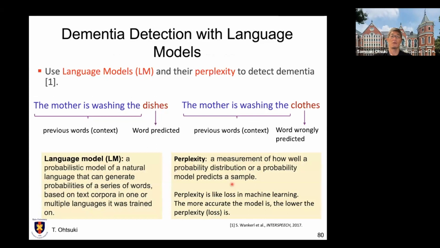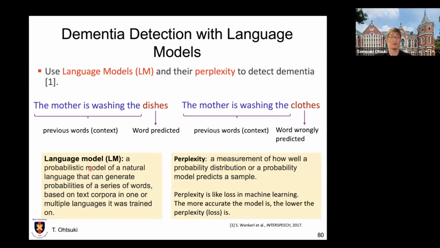This is the one that we also developed, dementia detection with large language models. Here, I'm going to explain the large language model based one. Probably you are familiar with ChatGPT, which is a large language model.